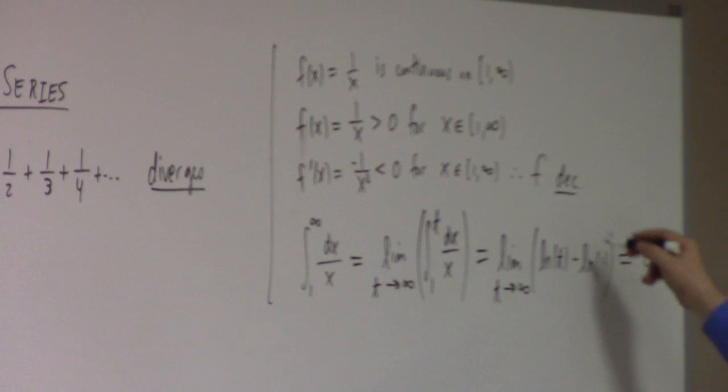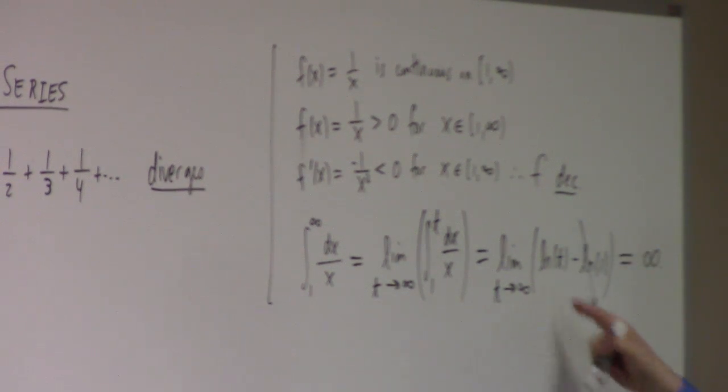Because while the natural log of 1 is 0, the natural log of t grows without bound.